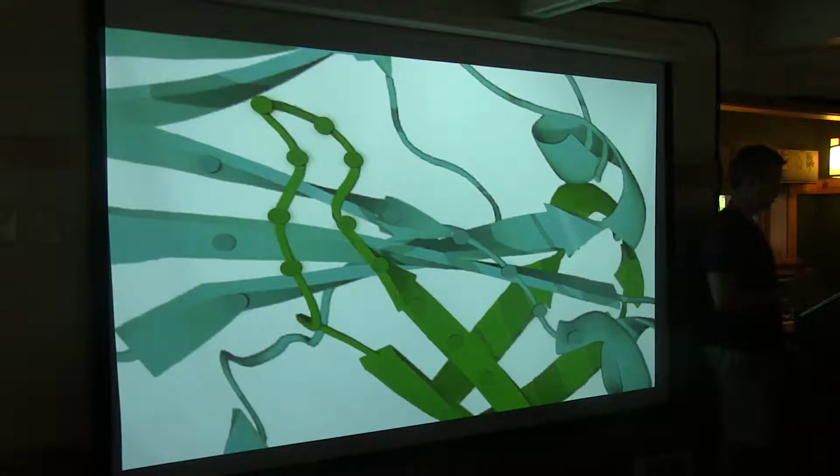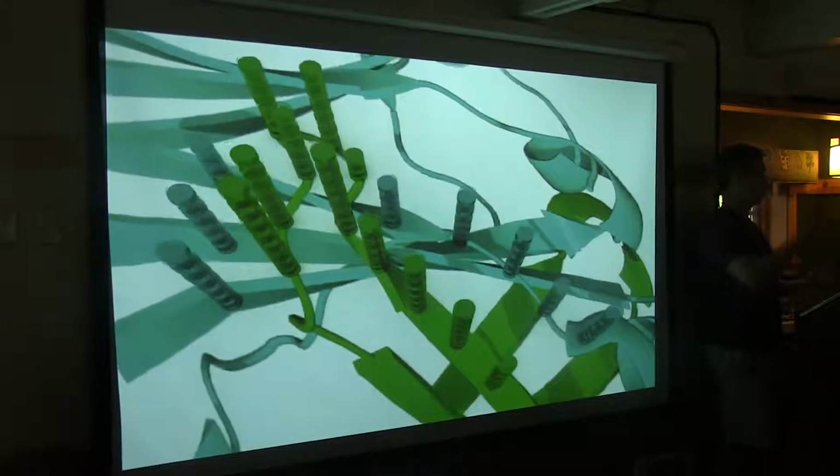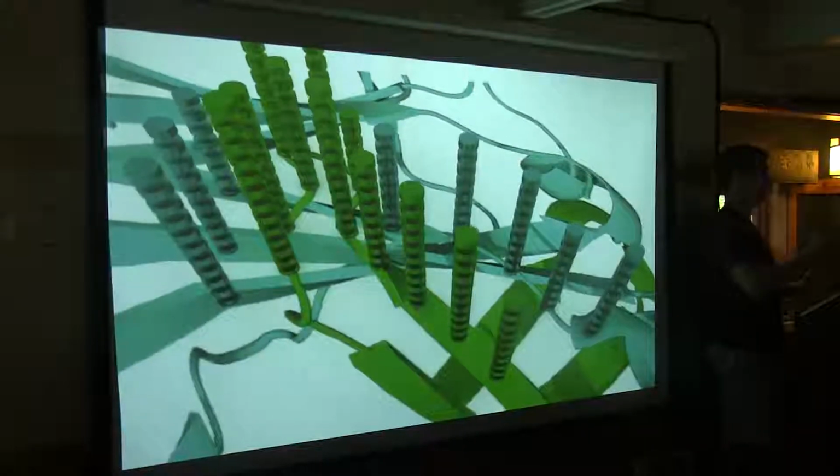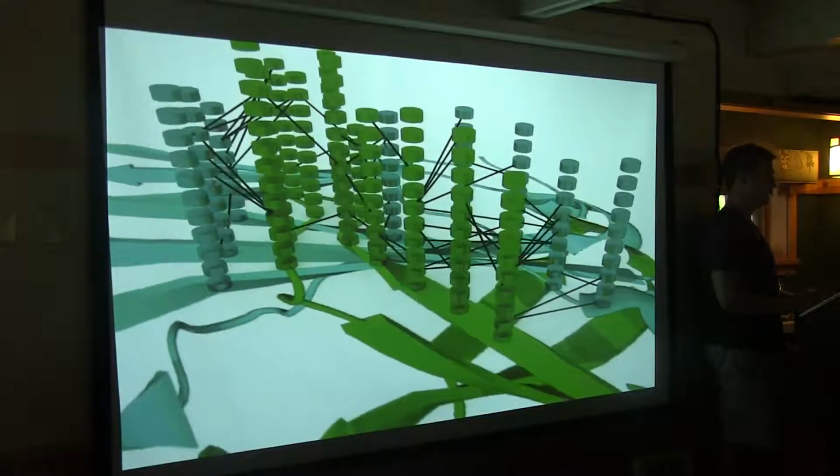So now if we visualize that we're making a graph structure with a node or a disk for every rotamer at each position, and then connecting them with lines or edges for the ones that form hydrogen bonds.